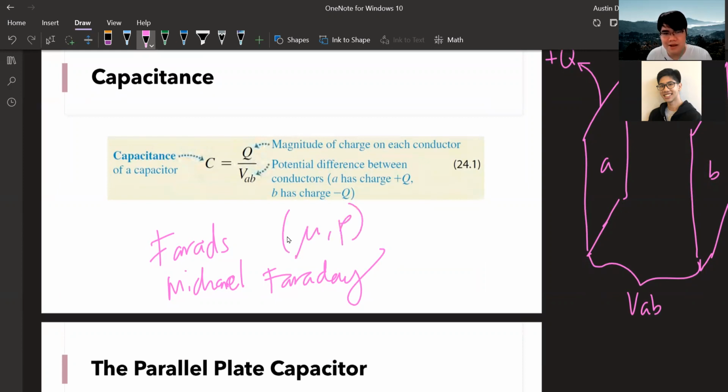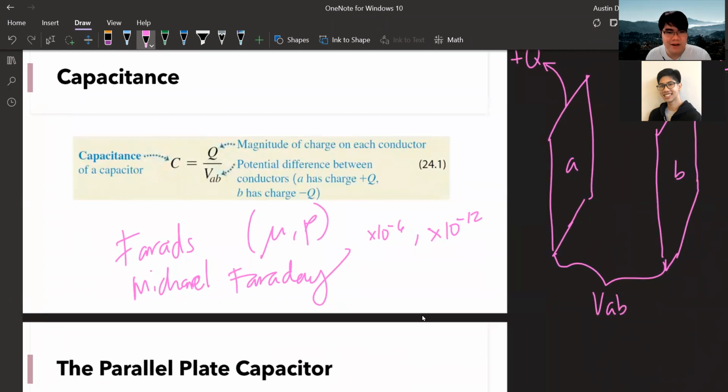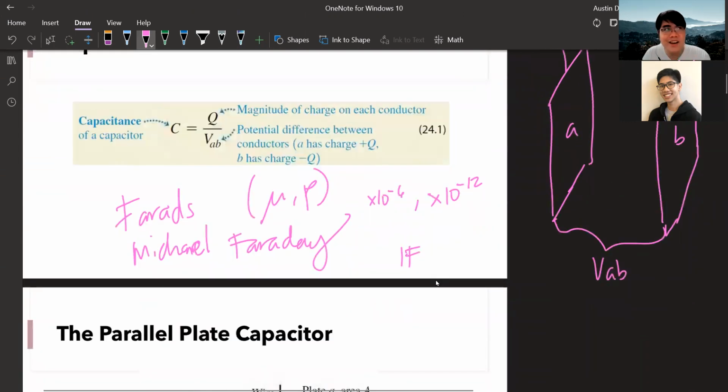So, that is times 10 to the negative 6 and times 10 to the negative 12. So, they're very small. So, kung nakakita ka ng 1 farad na capacitor, that would be very, very big. So, 1 farad, katakutan mo siya kasi sobrang laki ng energy na yan. Ang laki ng energy na kayang i-store ng system na yan.